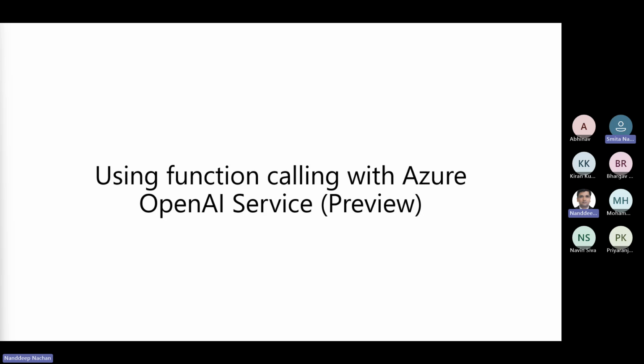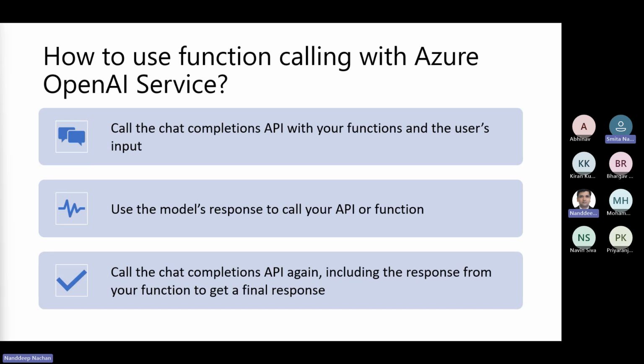When the model determines that a function should be called, it responds with a JSON object including the arguments for the function. Now let's check in depth how we can use function calling with Azure OpenAI Service, how we can call the chat completion API with your functions and the user's input, and how we can use the model response to call your APIs or function.